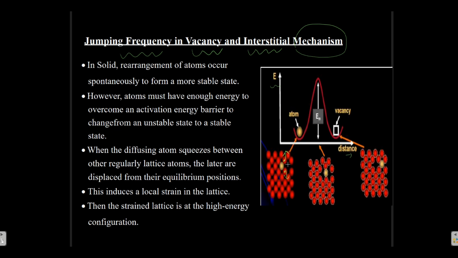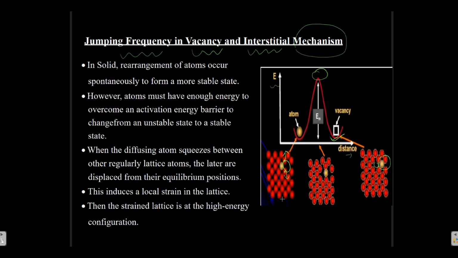That means this atom will push both of these in opposite directions. That means there will be a creation of local strain over here, and as a result it will have a higher energy. It will be an unstable form. And when it finally reaches the other side, that is the vacant site, a new vacancy will be created in its original position, and this will also be a stable form, that means with low energy.